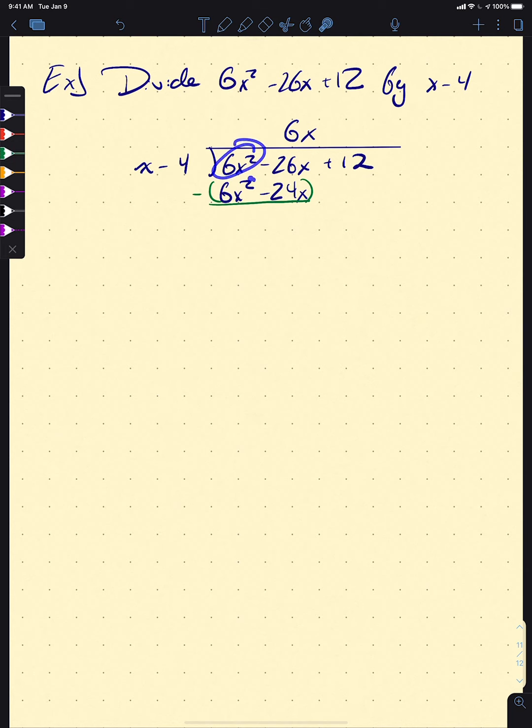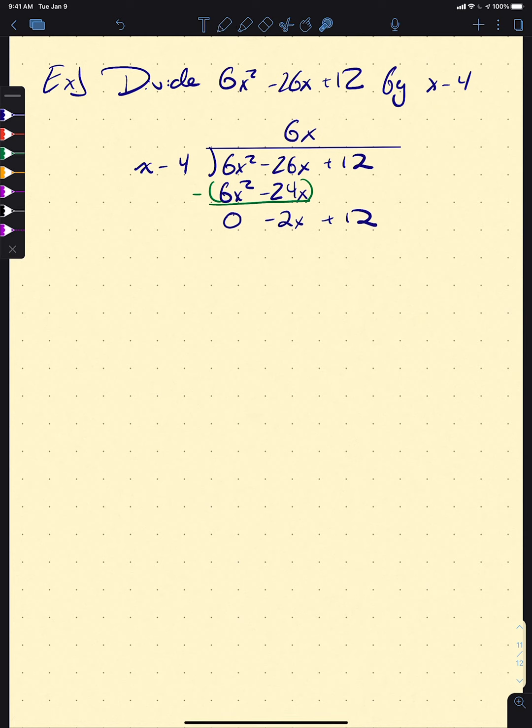So 6x squared minus 6x squared is, wouldn't you see that, 0. Perfect, exactly what we want. And then minus 26x minus a negative 24x is negative 26x plus 24x, or minus 2x. And we drop down our plus 12.